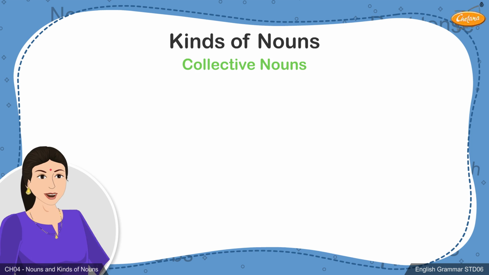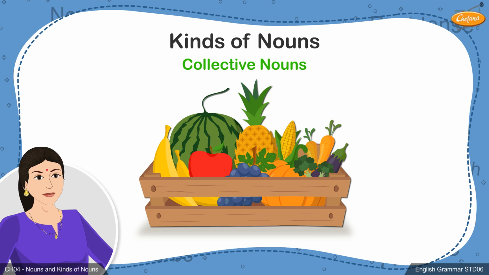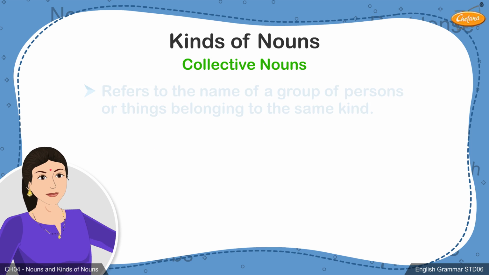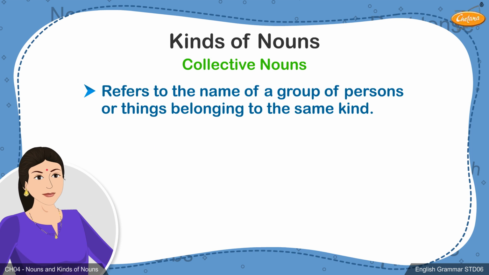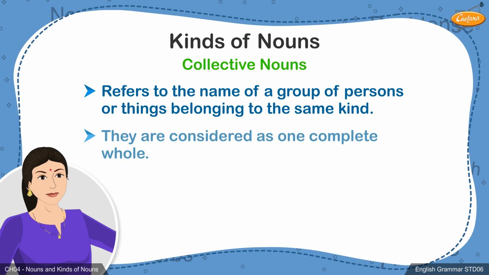Now that you have understood the concept of proper and common, you will learn about the nouns that are used to represent a collection of things. Such nouns are called collective nouns. A collective noun is the name of a group of persons or things belonging to the same kind. They are considered as one complete whole.